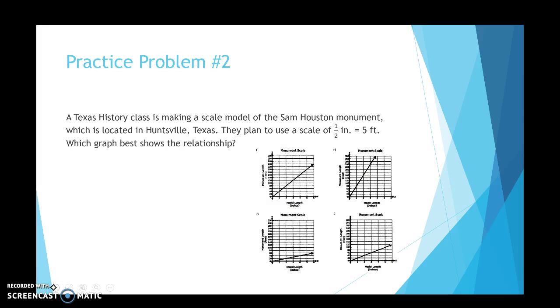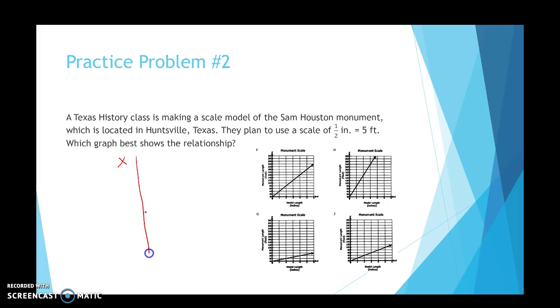Let's try another. A Texas history class is making a scale model of the Sam Houston Monument, which is located in Huntsville, Texas. They plan to use a scale of 1/2 equals 5 feet. Which graph shows the best relationship? Why don't we go ahead and make a table?